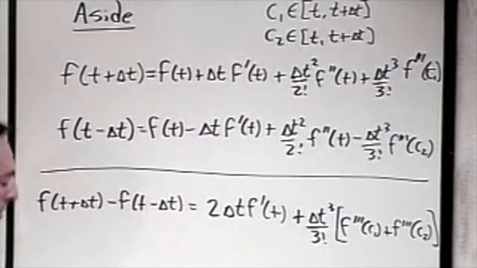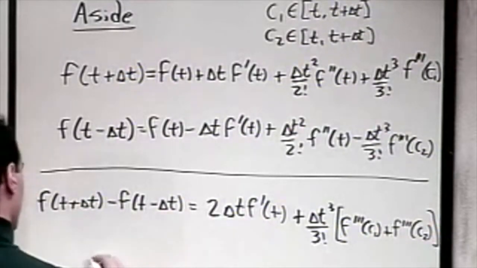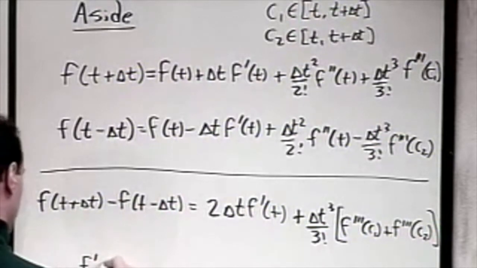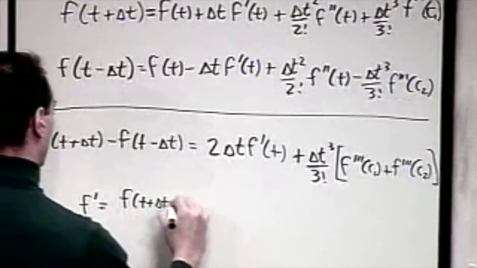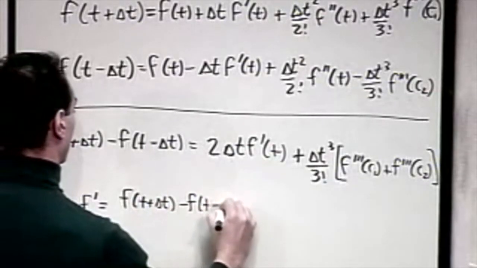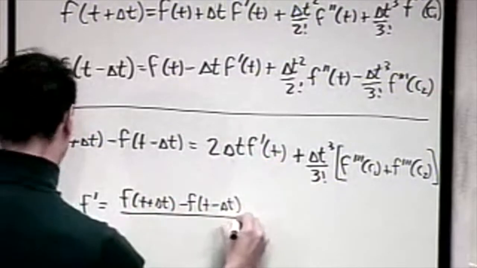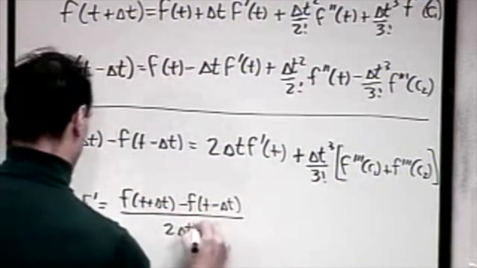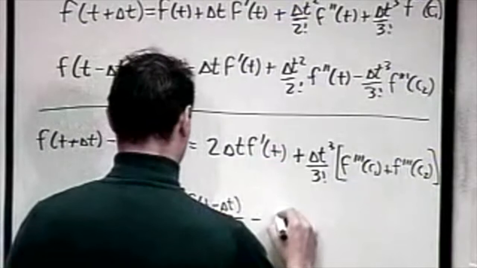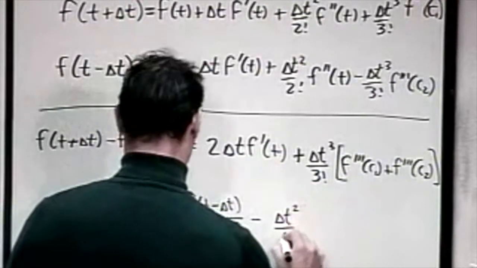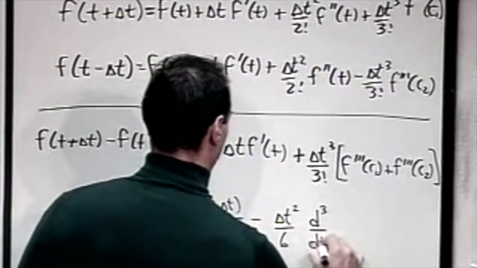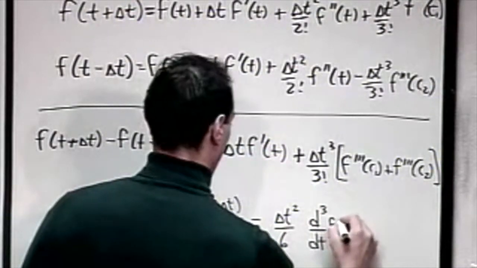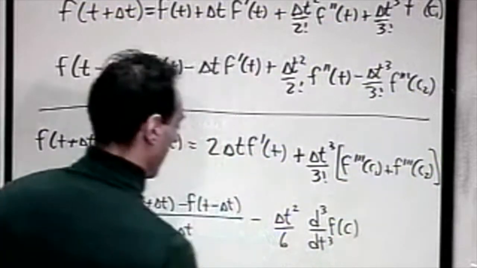Now, simple rearrangement. I'm going to solve for f prime in this. And here's the thing to observe. f prime, then, is equal to f of t plus delta t minus f of t minus delta t over 2 delta t, minus delta t squared over 6, and then the third derivative of f valued at some c.